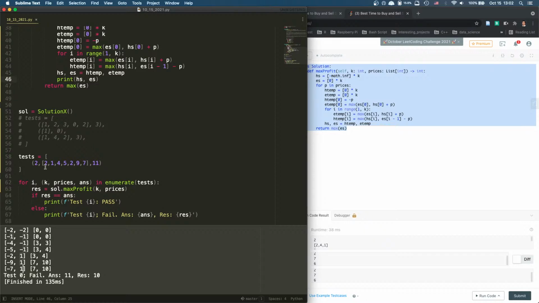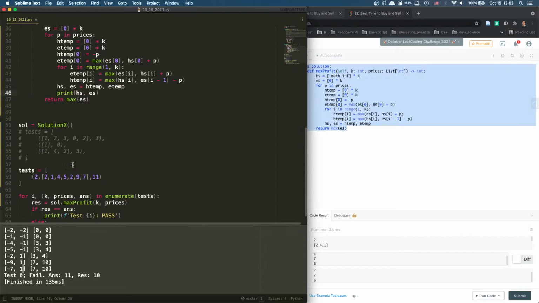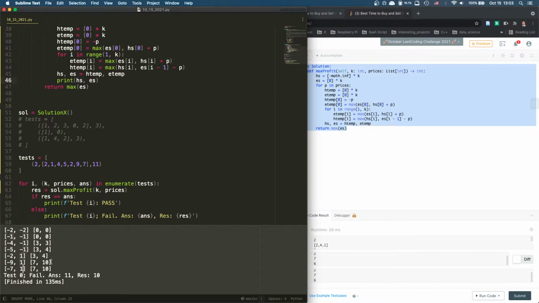So maybe it's like buy 1, sell 5, buy 2, sell 9, right? Buy 1, sell 5, we got 4. And then buy 2, sell, how do we get to 10?